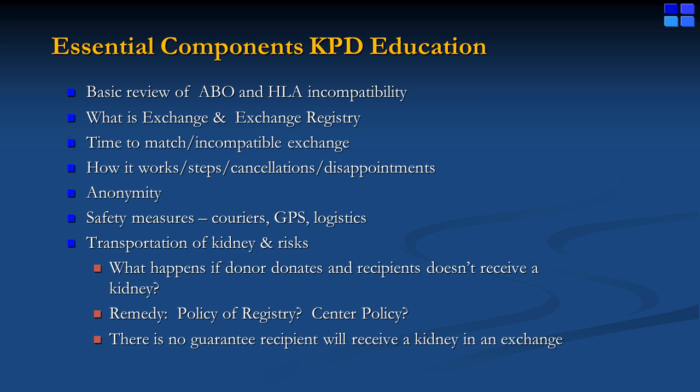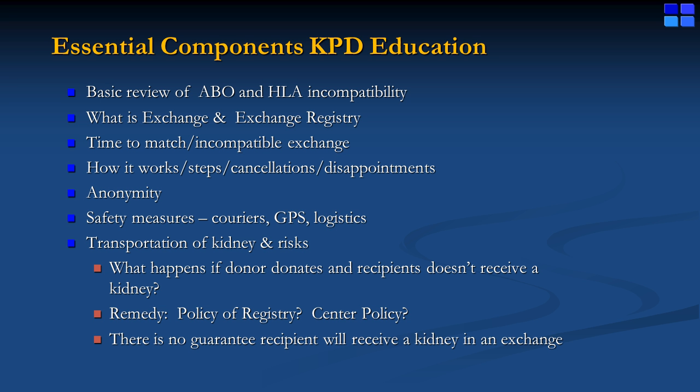UNOS does have quite a few requirements for informed consent now that you can read in the policy, but I wanted to go over some basic tenets that I think are important to include in any KPD education, whether they're required by regulatory means or not. Some of the basics are to review ABO and HLA incompatibility.